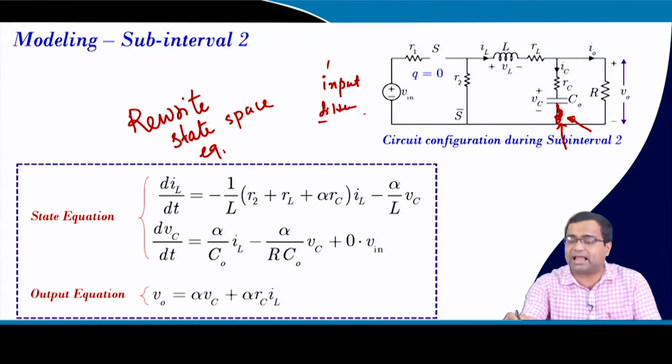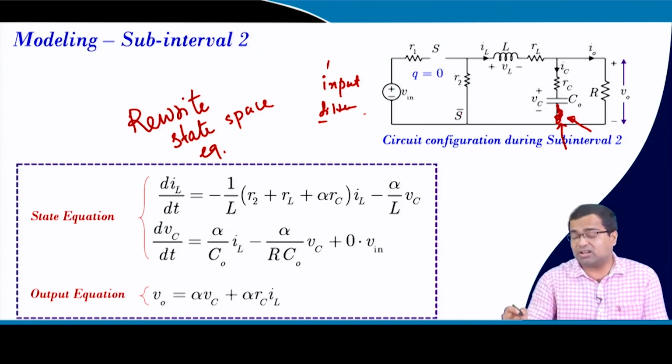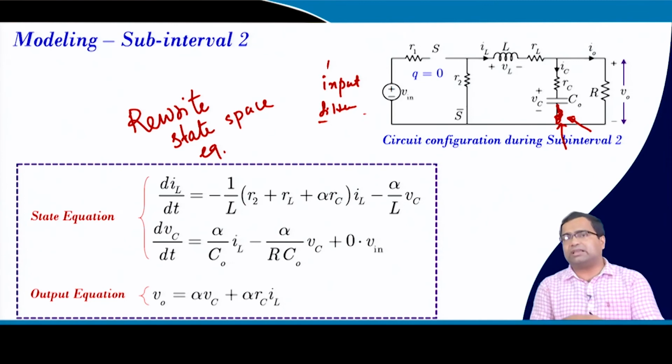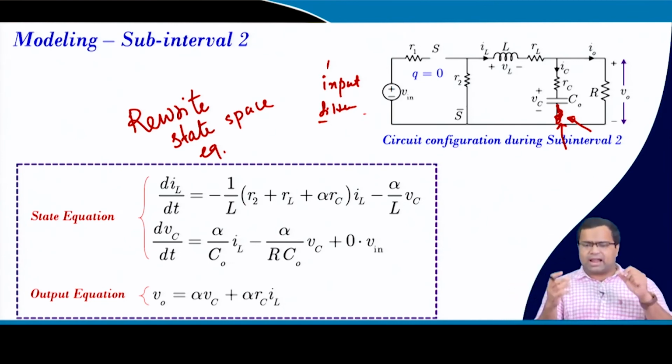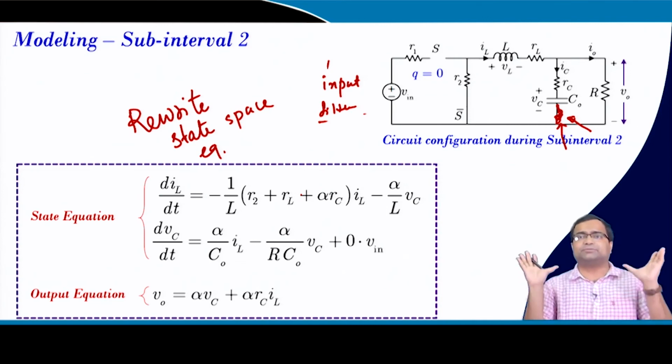Even if you add a small resistance, only the coefficients of the A matrix will change, but if we add an energy storing element, the dimension of the state space will change.